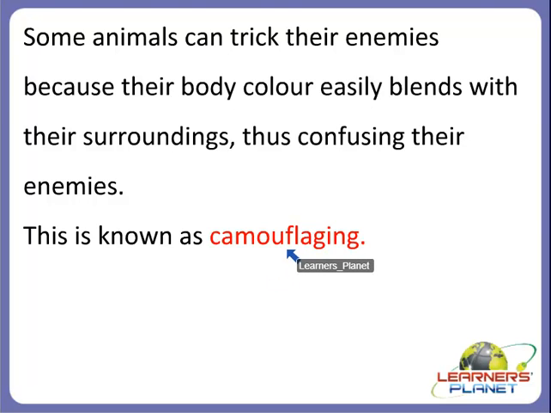What is it called? Camouflaging, right? So always remember that such animals which have the property of blending the body color with their surroundings and confusing their enemies have the property known as camouflaging.